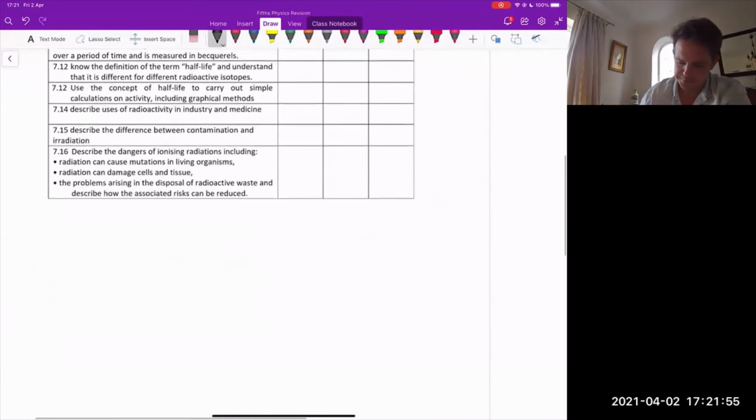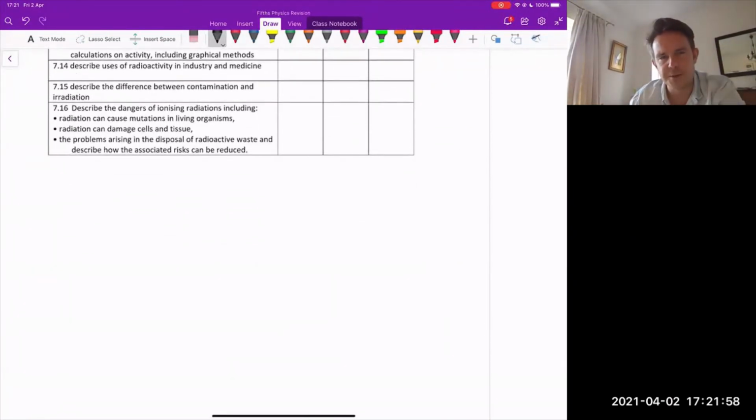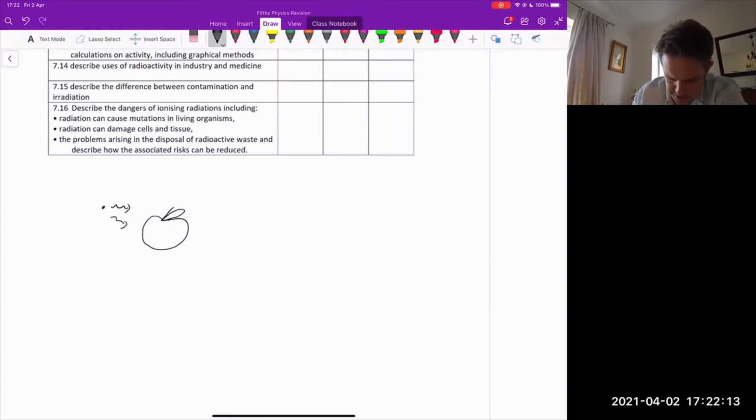Anyway, what's the difference? Imagine I had an apple, right? And I had some uranium or some radioactive source here that was emitting radiation. Let's say it was beta. Now, this beta radiation, which was incident on the apple, that might cause damage to the apple, right? It might cause some of the apple's atoms to become charged. It might ionize them. So you might end up with some of the atoms in the apple becoming charged, right?